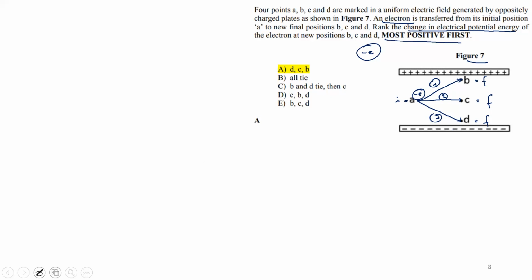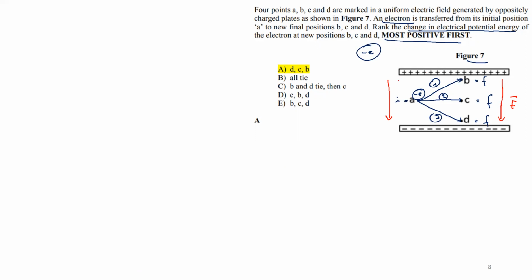So first thing first, when you have a problem, you draw. We are in physics, okay? Always draw, and then you make sense of the problem. So here is positively charged, here is negatively charged. We know that between them, you have an electric field going from higher potential to lower potential. So the electric field direction is this, and it's uniform between the plates. Second thing, what are the equipotential lines?